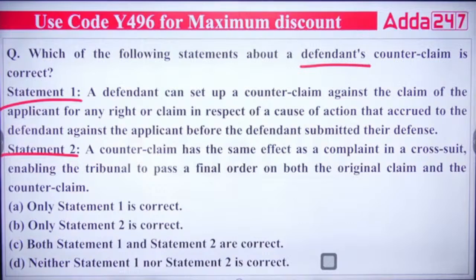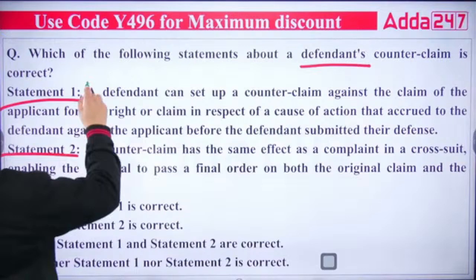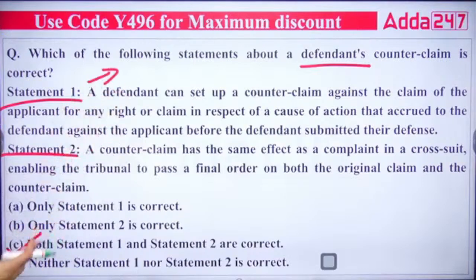So what do you think is correct about the defendant's counter claim? Okay. So the right answer is both the statements are correct. The defendant can set up a counter claim against the claim of the applicant because it is defined under section 19(8).